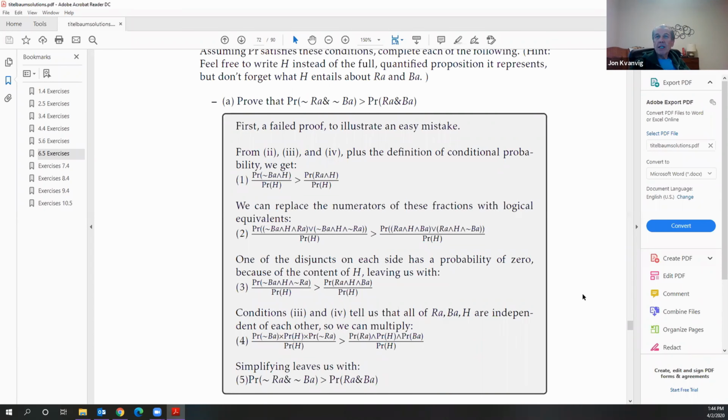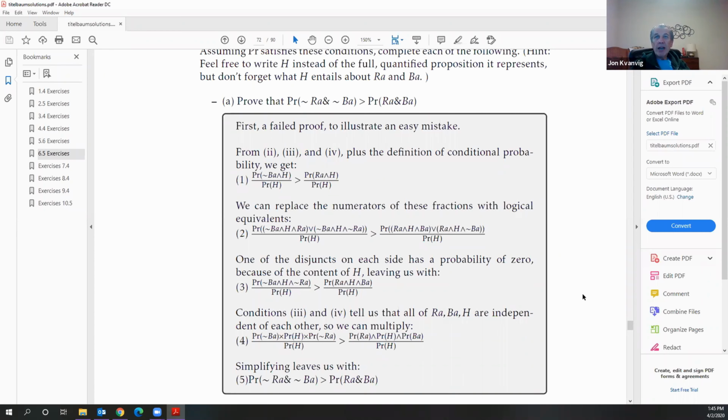We can replace the numerators of these fractions with logical equivalents. So not BA and H is logically equivalent to not BA and H and RA, or not BA and H and not RA. And the same thing on the other side of the inequality, and we leave the denominator the same.